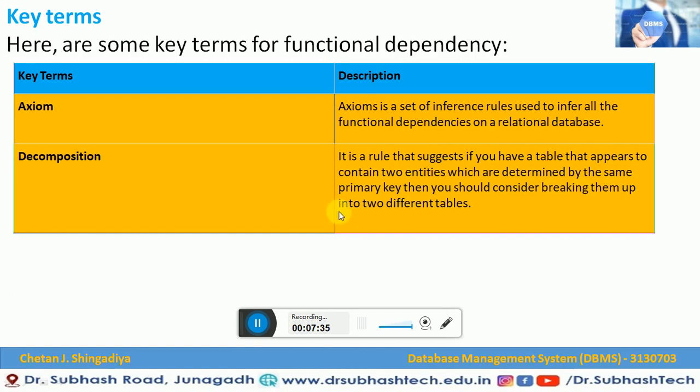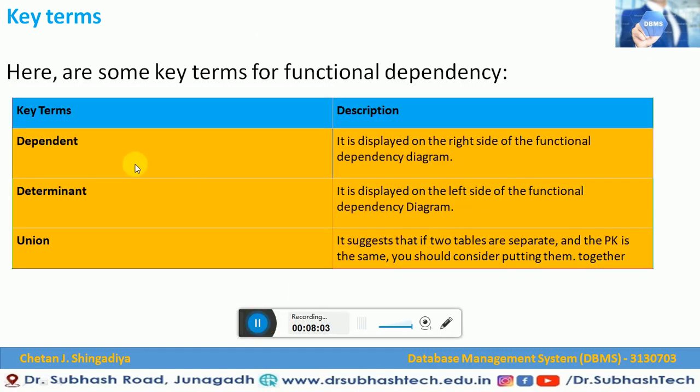Now let us talk about the reflexive rule, that is IR1. In the reflexive rule, if Y is a subset of X, then X determines Y. How can we write this reflexive rule in functional dependency? If Y is a proper subset of X, then X determines Y is called the reflexive rule.